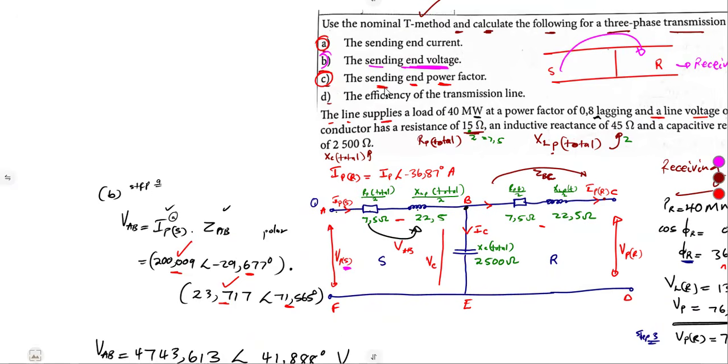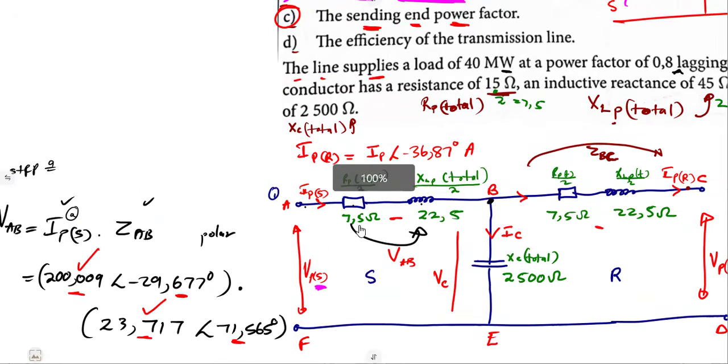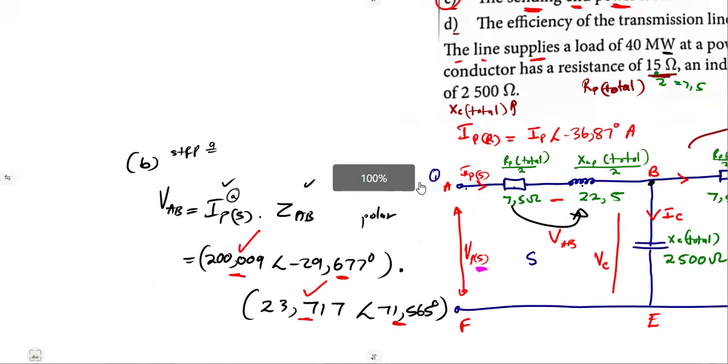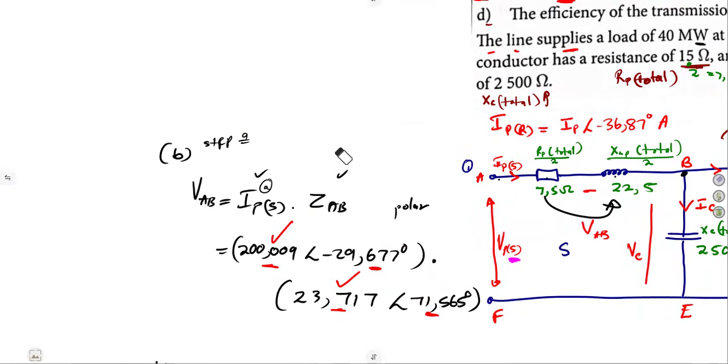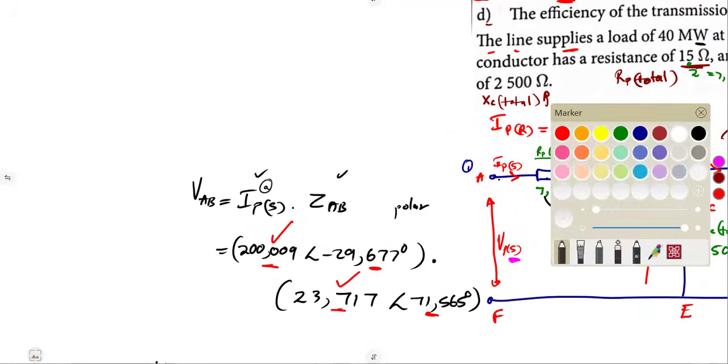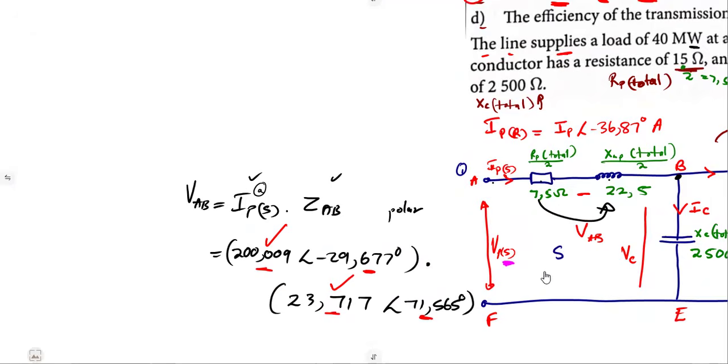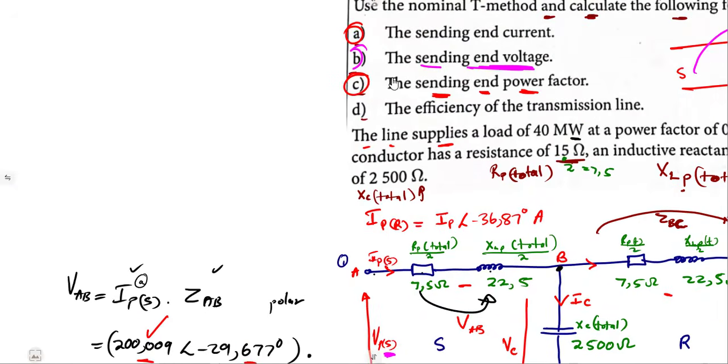The sending end power factor. So in order for you to have the sending end power factor, remember what I said, guys. We are going to need the phasor diagram. Sorry, let's go back to the question. The sending end power factor.